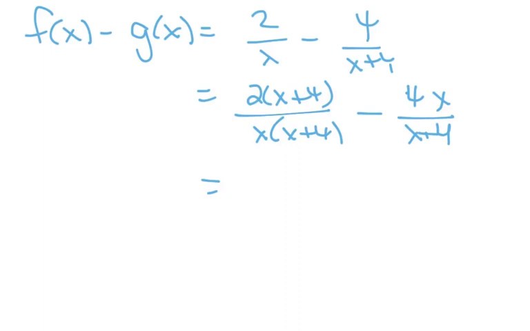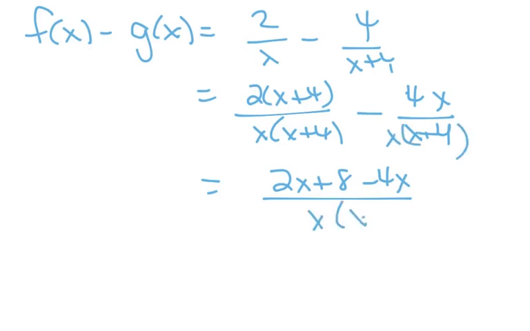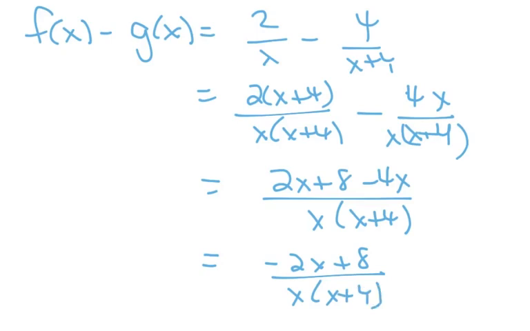And I'm going to subtract the numerators. So the numerator is going to be 2x plus 8 minus 4x. And then the denominator is just x plus 4. So the final answer would be negative 2x plus 8 over x plus 4.